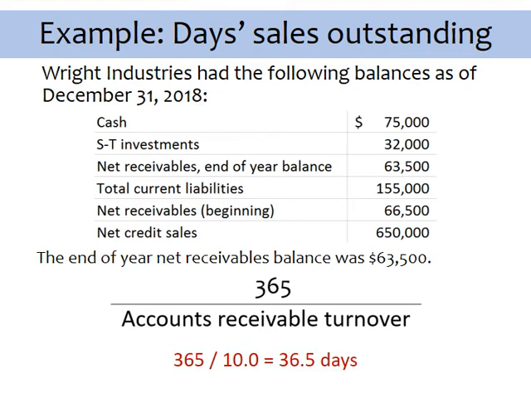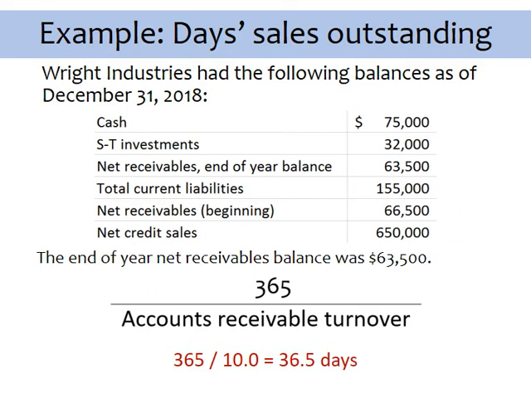Finally, let's calculate the days sales outstanding. The formula is 365 divided by the accounts receivable turnover. We just calculated the accounts receivable turnover in the last slide, so we know it is 10.0. Our days sales outstanding will then be 365 divided by 10, or 36.5 days.